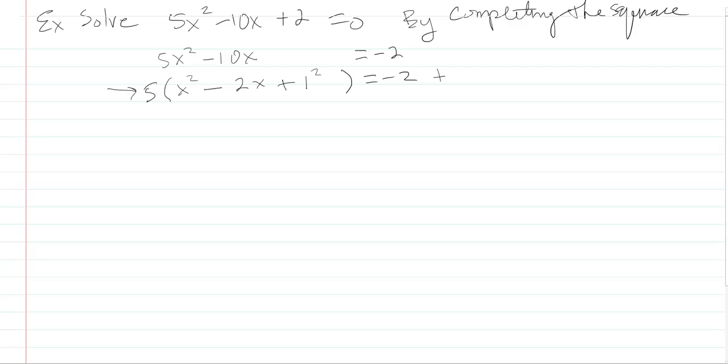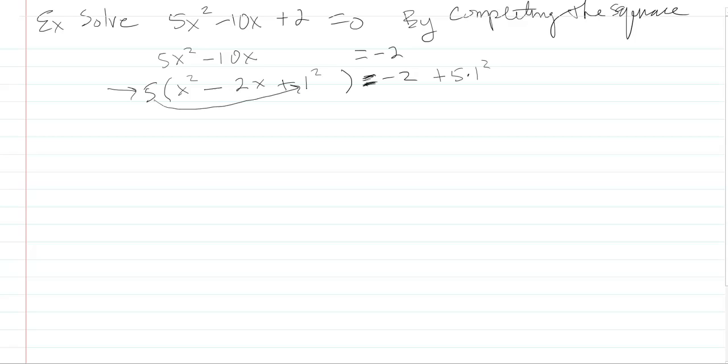Now, here's the problem. You're not adding a 1 squared. Because this is outside here, you're actually adding 5 times 1 squared. And that's what makes it equal. You're adding the same thing to both sides.